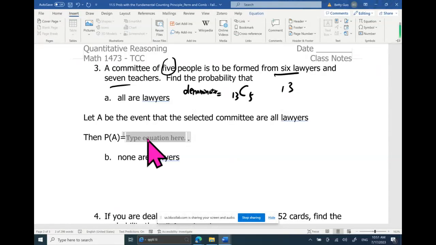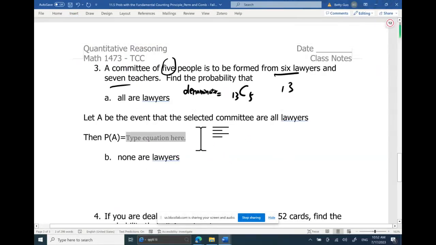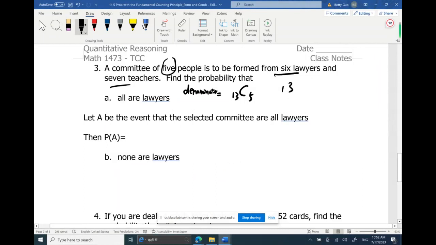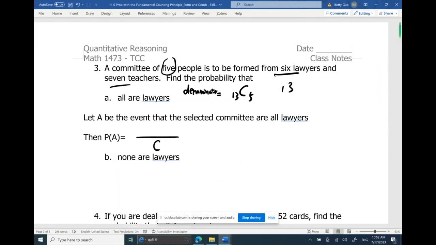You know what? I'm not going to use this function. I'm going to handwrite it. P(A) is going to be this. The denominator is going to be C(13,5), right? The 5 people are randomly selected from the 13 people. The numerator is going to be what? All the people are lawyers. How many lawyers? 6 lawyers.